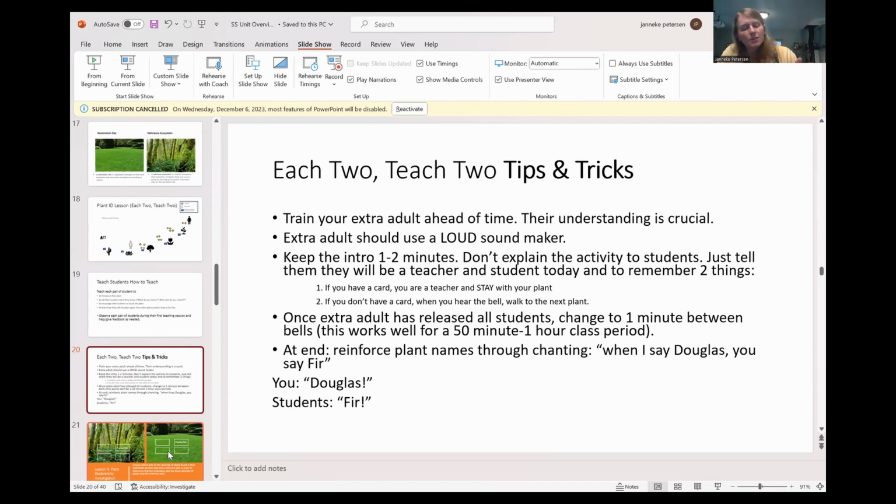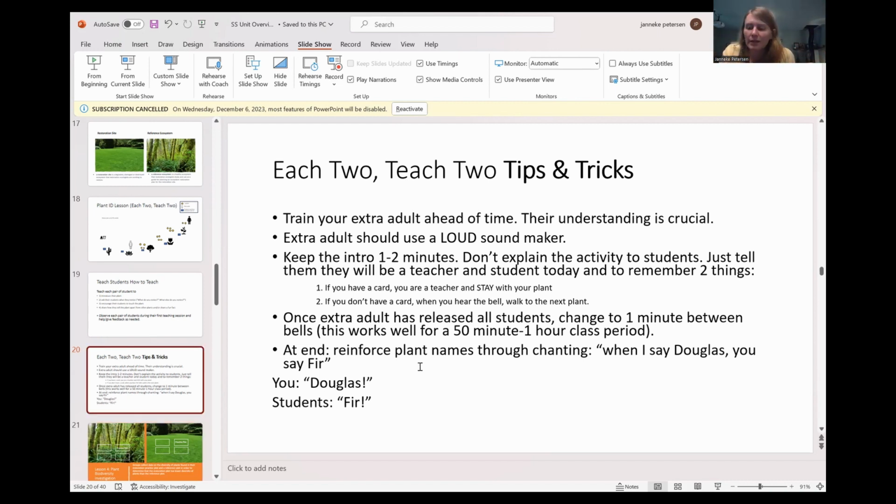So another tip, which I mentioned before, is that once your extra adult has released all the students and they're standing alone at the beginning of the trail, it really helps to change to just 1 minute between bells. And this works really well for a 50-minute or 1 hour class period. If you've got an hour and a half, you've got tons more time with this. You can make your intro longer.